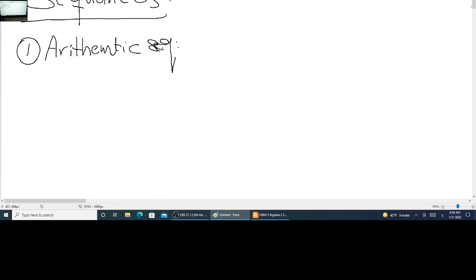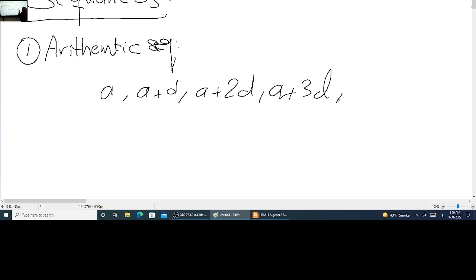If we have a set of ordered numbers like a, a plus d, a plus 2d, a plus 3d, where every two consecutive terms in this sequence have a common difference.